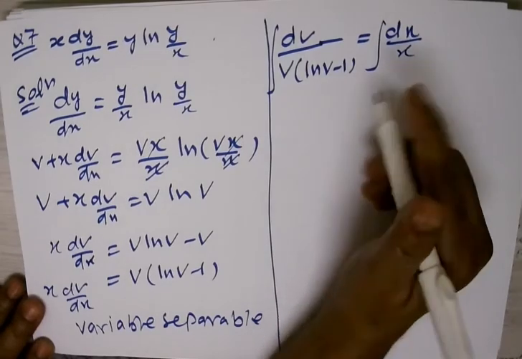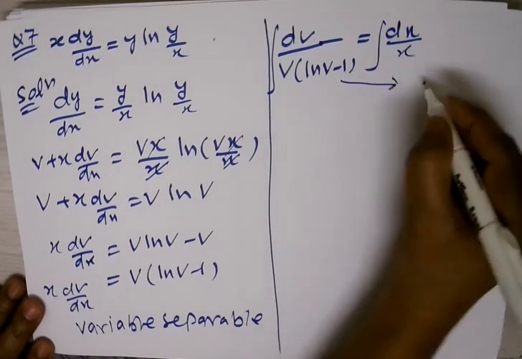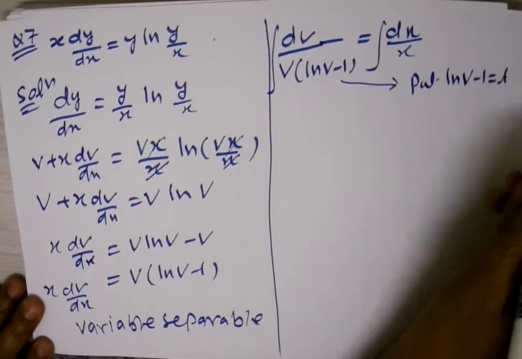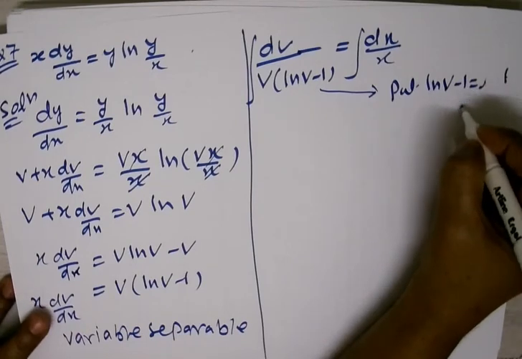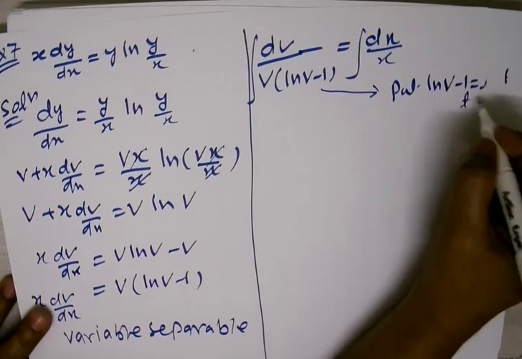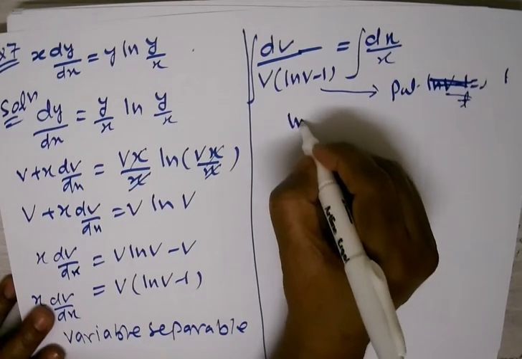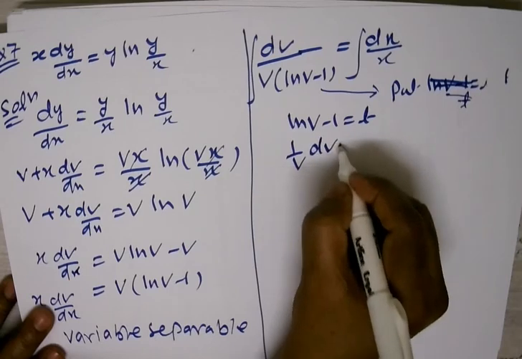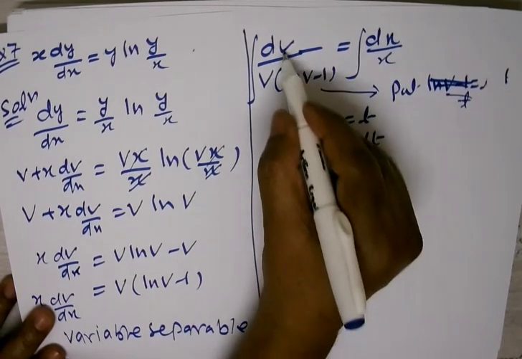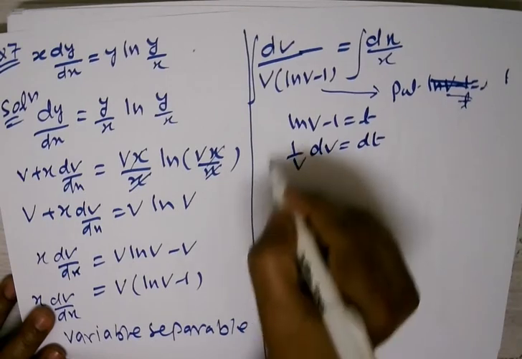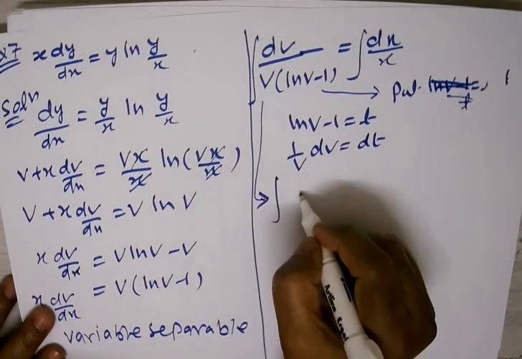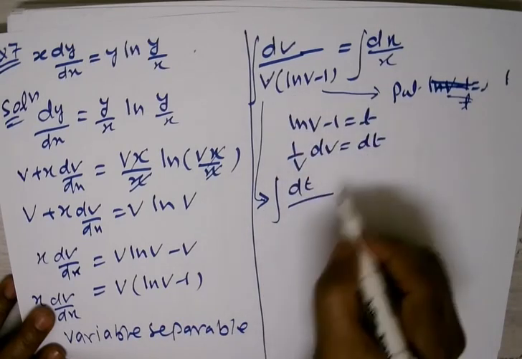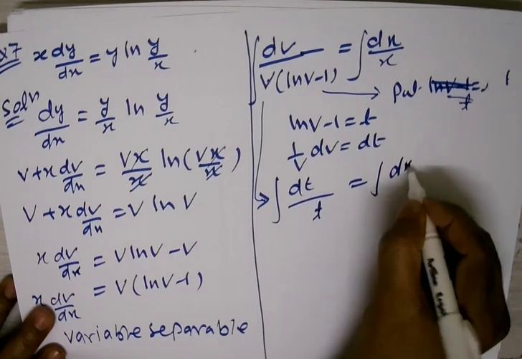Integration for the right side is no problem, but for the left side, if you put ln of v minus 1 as t and differentiate, this comes 1 by v, dv is equal to dt. So dv divided by v means dt, and ln of v minus 1 means t, is equal to dx divided by x.